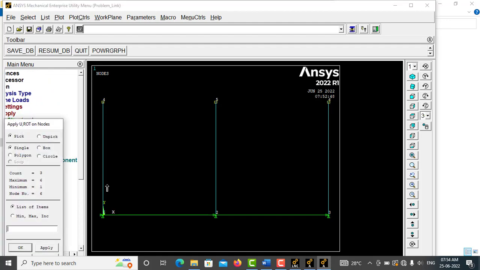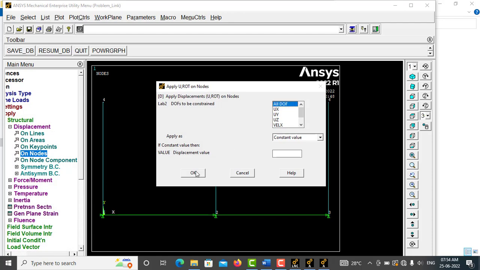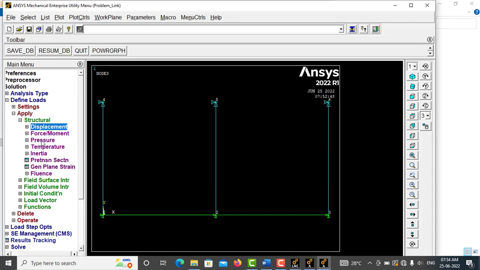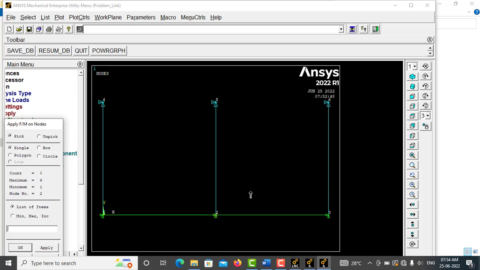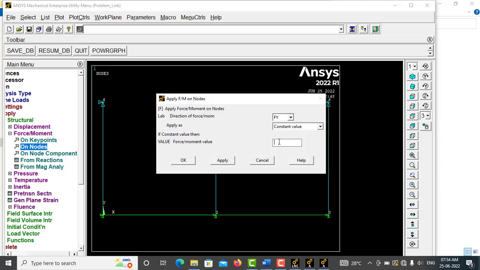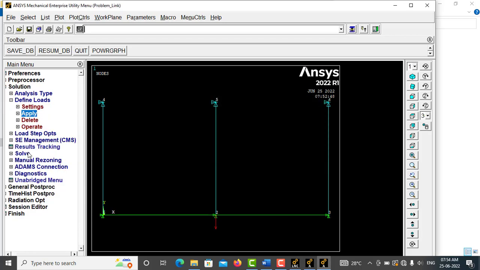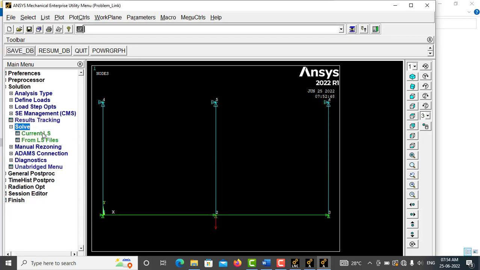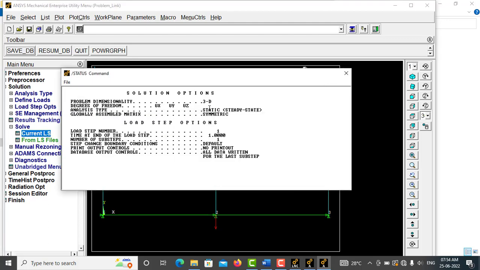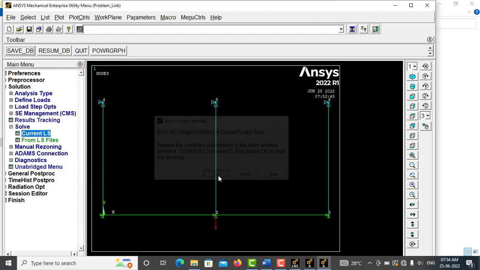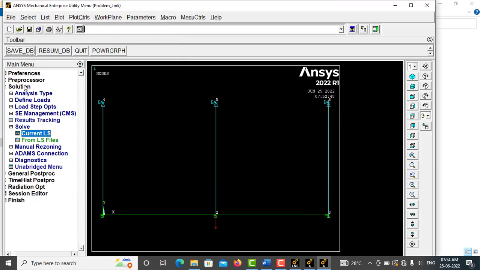I'm applying the displacement constraint on the top nodes, because all the nodes are completely fixed in all degrees of freedom, and applying the force on the bottom side, that is FY minus 250 into 10 to the power of 3 Newton, or 250,000. Just saving the database and solving.